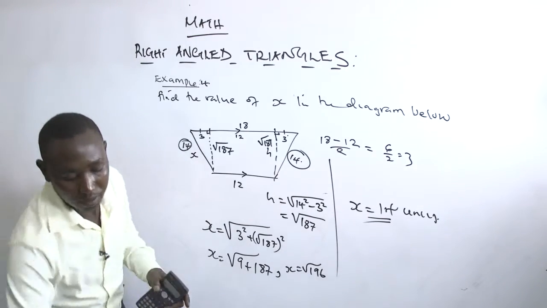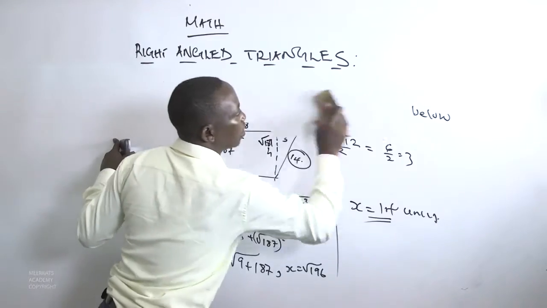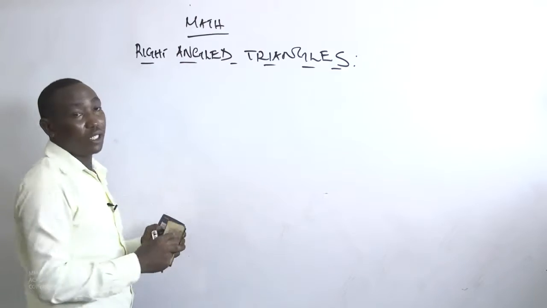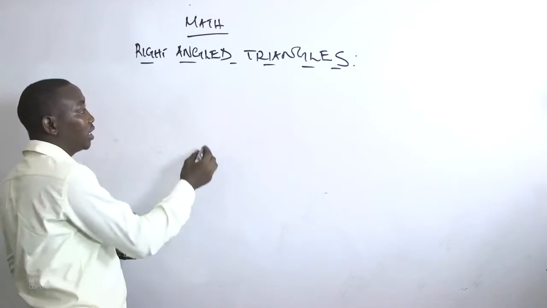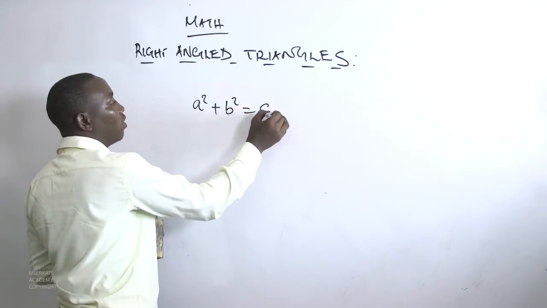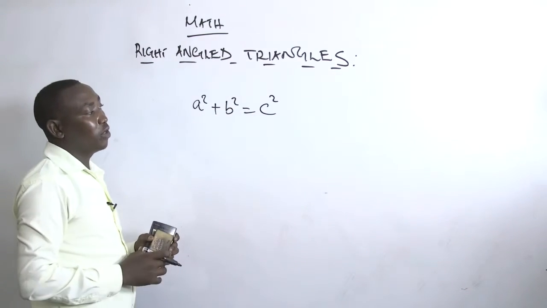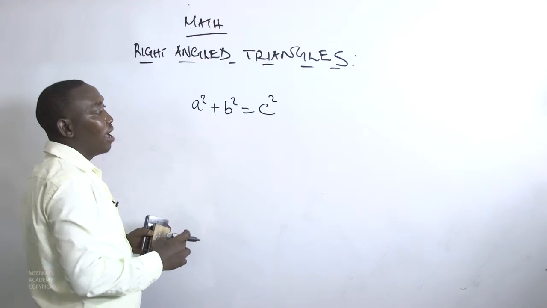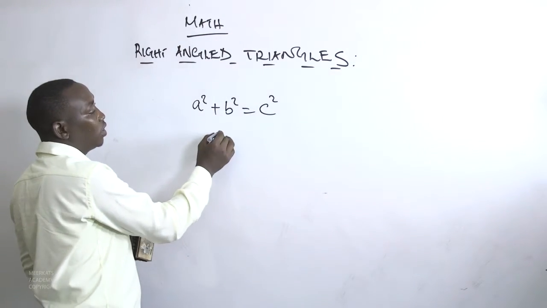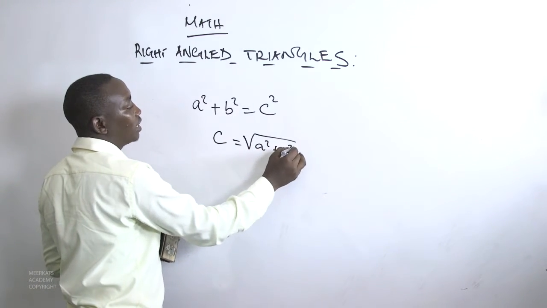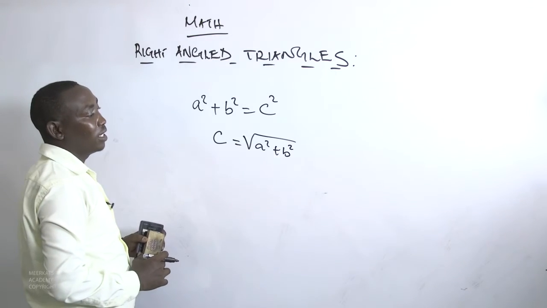So important to note is the Pythagoras Theorem, which states that if you take the sum of the squares of the two shorter sides of a right angle triangle, it will give you the square of the longer side. And that means if you want to get C, which is the longer side, you get the square root of the sum of these two other sides.